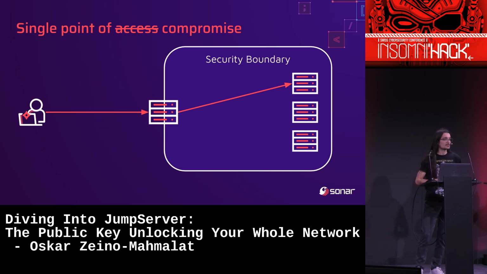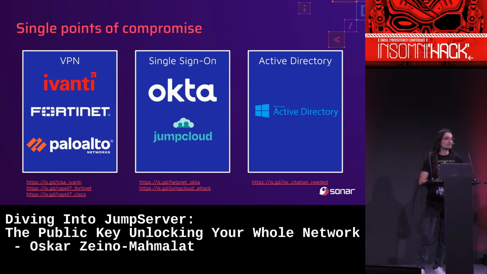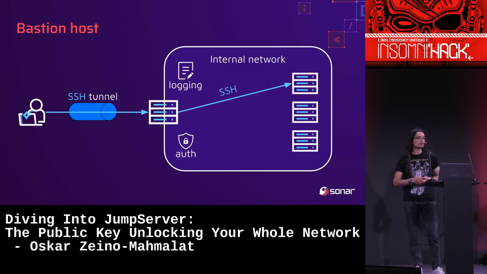And there are, of course, lots of these things happening in practice. You can imagine VPN devices for classical LAN setups, or single sign-on for cloud-native companies, Active Directory for basically every company ever. So if you hack those, you get everything. And another one, the thing that I want to talk about today, is a bastion host.